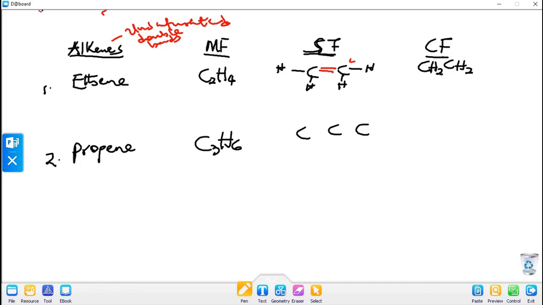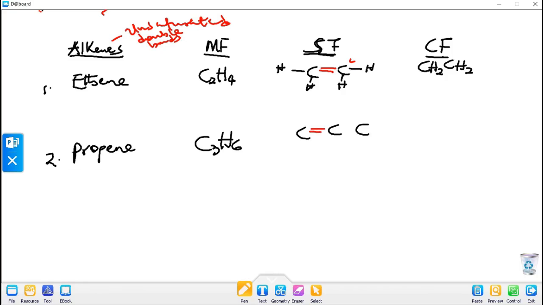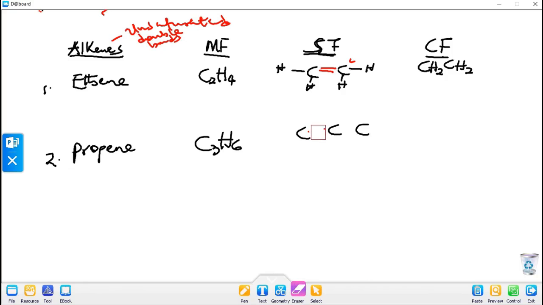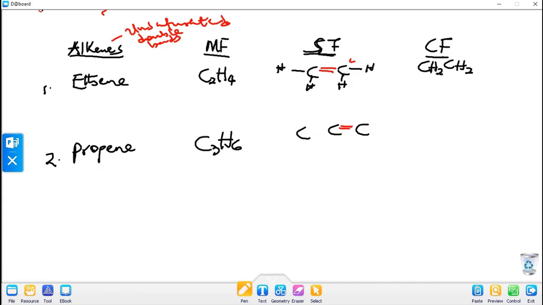No. The first and the second carbon atom can take the double bond, or you may say that the double bond should come between the second and third.